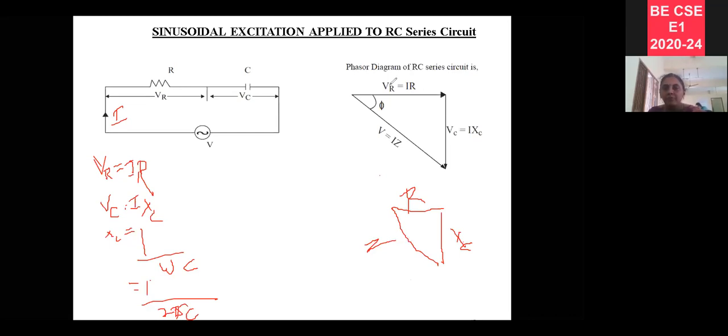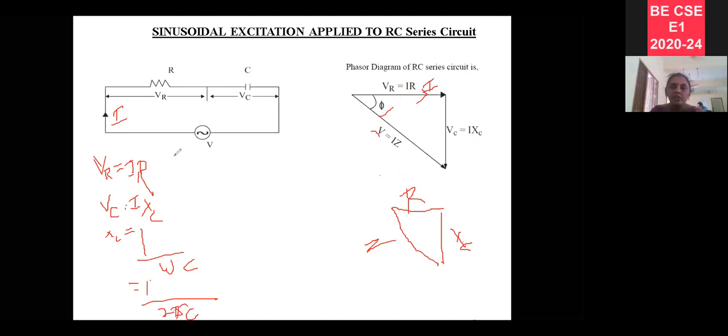Now we will mark this angle as phi. Phi is going to be the angle between the resultant voltage and the current. Consider this as the current, because I told you already, it is in phase with the voltage. So the angle between the resultant voltage and the current is going to be phi. Phi is called the phase angle.